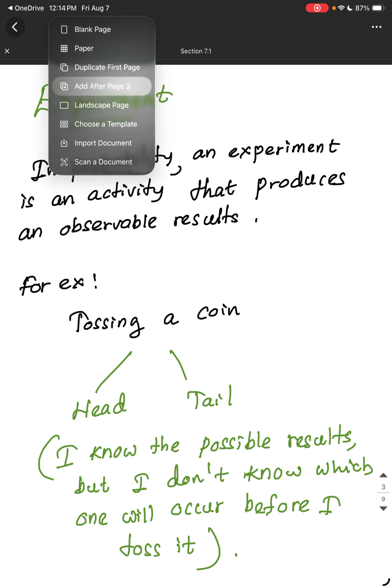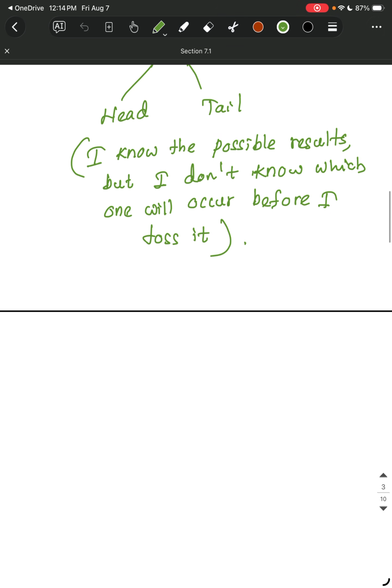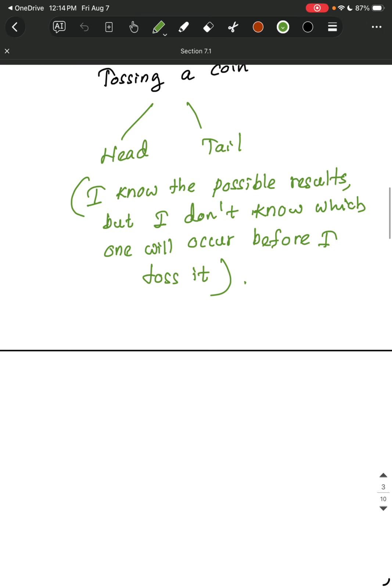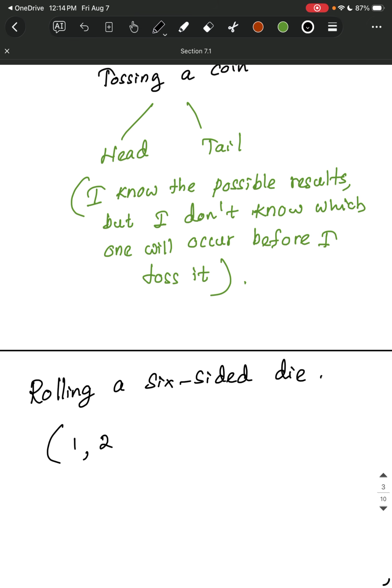Okay, what are the other examples? Rolling a six-sided die. When I roll a six-sided die, I know the possible results: number 1, 2, 3, 4, 5, or 6. But I don't know which one will occur before I roll the die.